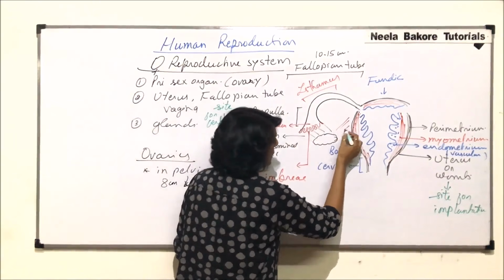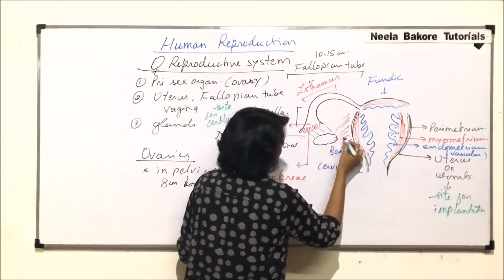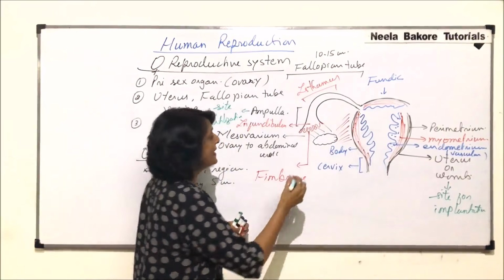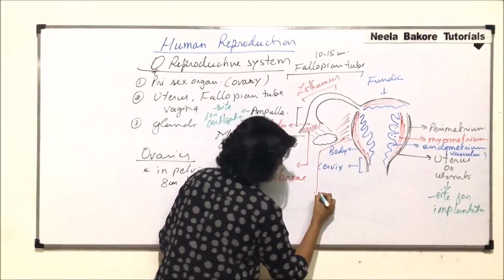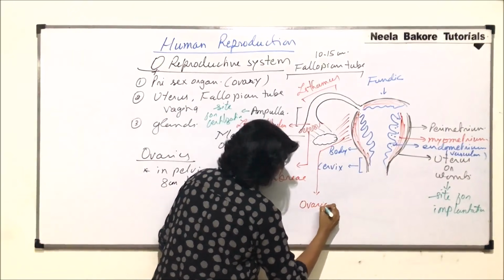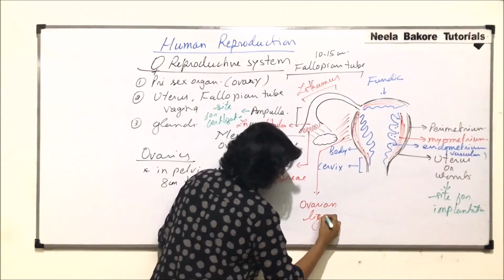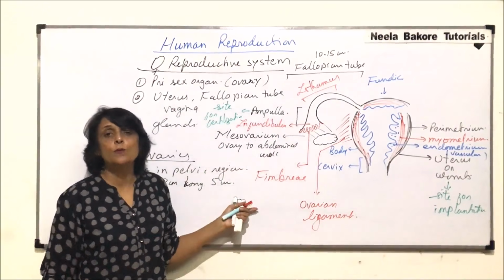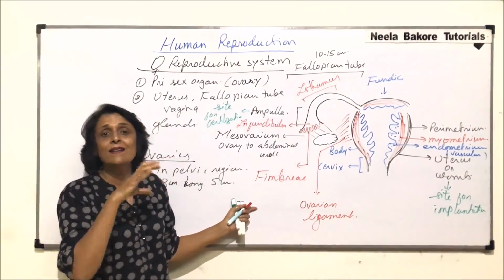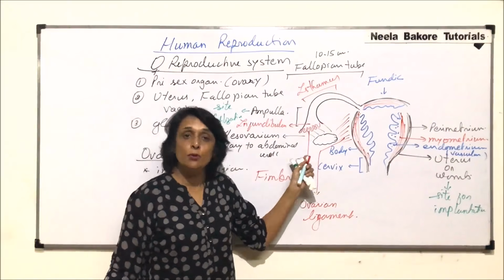So here also there is this thin membranous fold, and this is known as, I'm going to label it here, the ovarian ligament. So there are two main folds with the help of which the ovaries are suspended in their position.